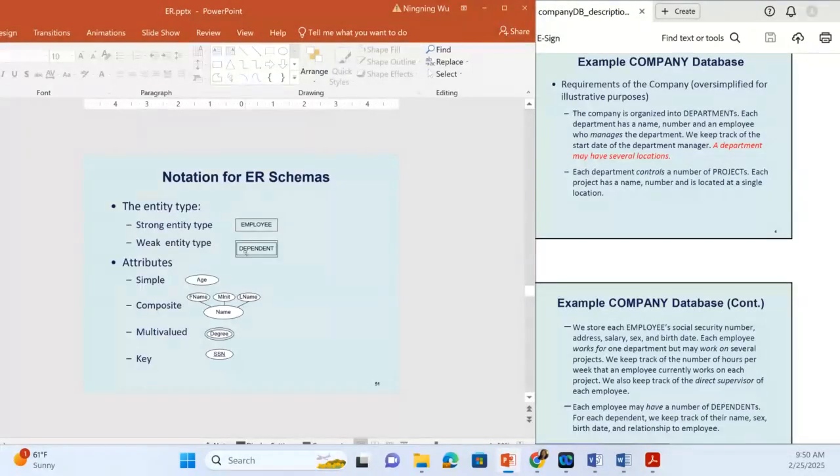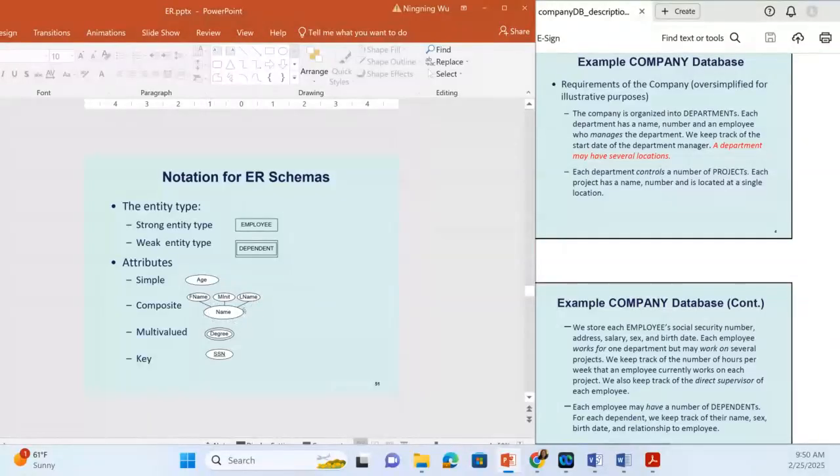So at that moment, you can refine that entity type into a weak entity type. Then for the attributes, we need to distinguish single or simple attributes, which use a single oval, multi-valued attributes, which use double ovals, or composite attributes, meaning an attribute has several components.